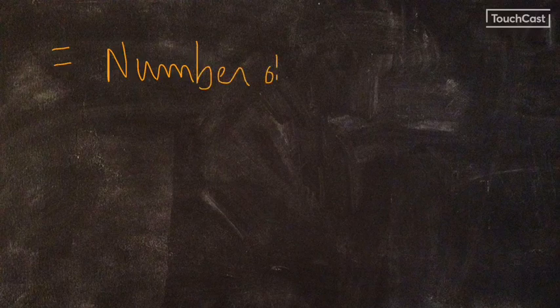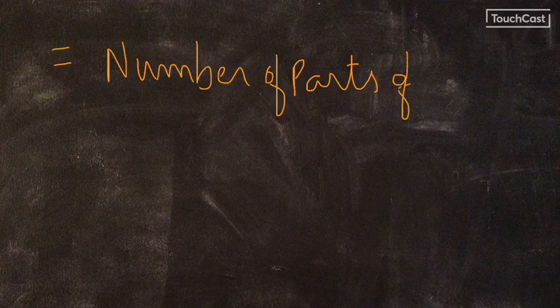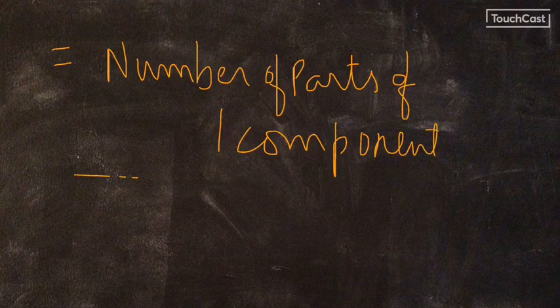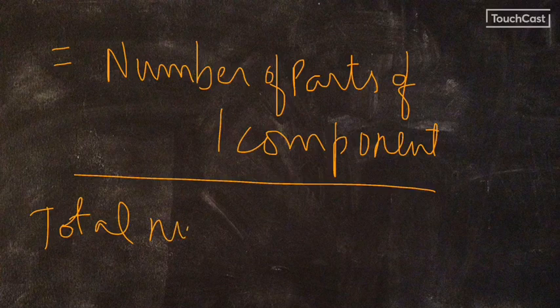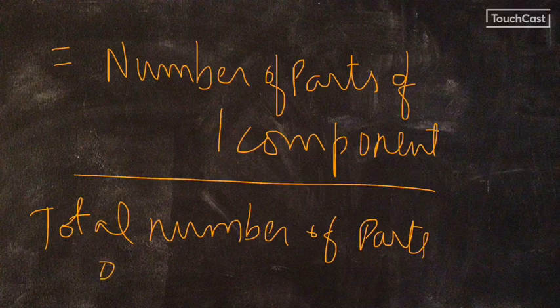The calculation is number of parts of one component divided by total number of parts of all components.